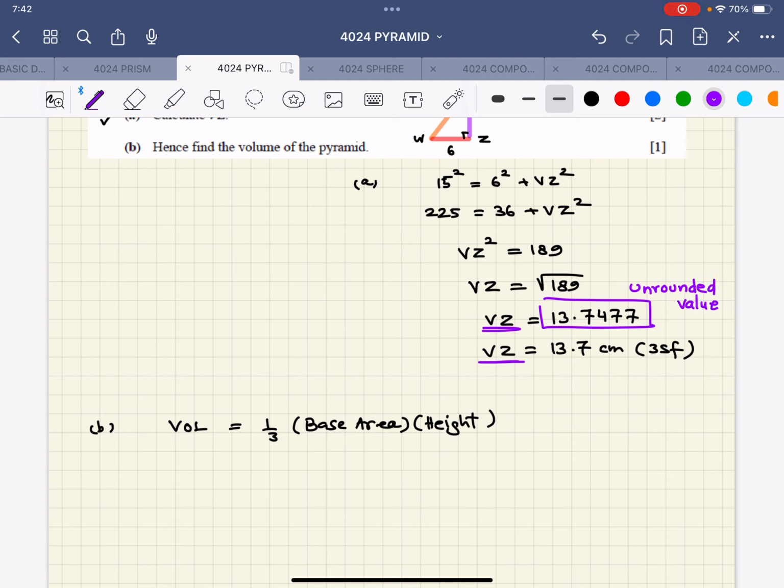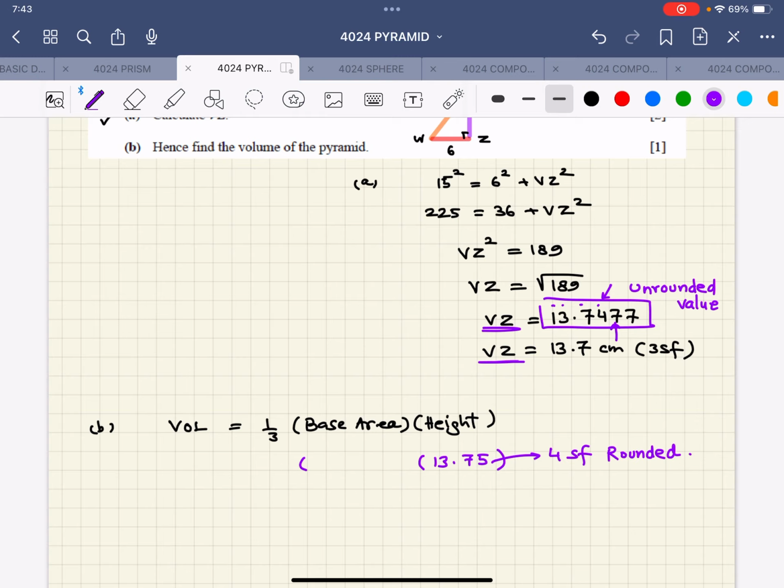Yes, not so much, but 1, 2, 3, 4. 4 significant figure is perfect. So this is 13.75. This is the 4 significant figure rounded value that we will use. The unrounded value is there, but since this is 7, therefore I round it off.